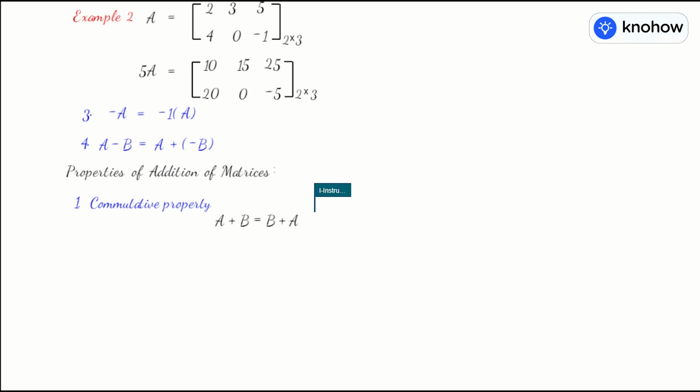Then the associative property also holds good, like in ordinary addition of real numbers. What is the associative property? That if A, B, C are three matrices, then A plus B added to C will be the same as A added to B plus C.